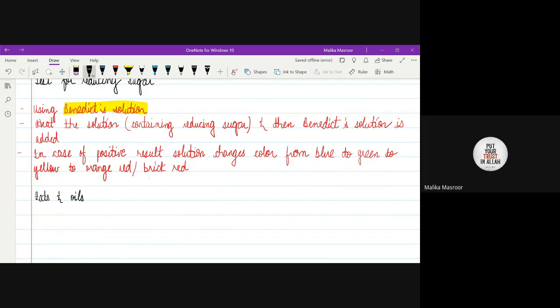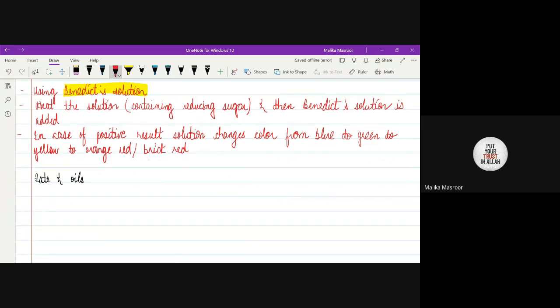Fat is a lipid that is solid at room temperature. Oil is a lipid that is liquid at room temperature. Collectively, they are known as lipids. Again, the elements are carbon, hydrogen, oxygen, same as your carbohydrates.